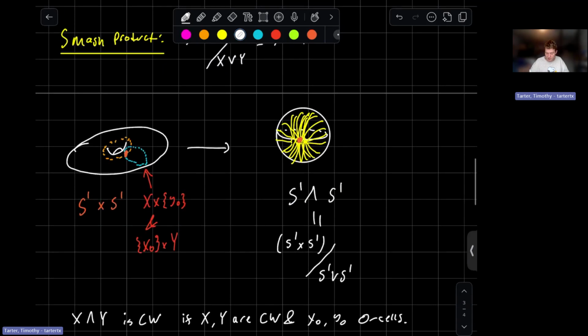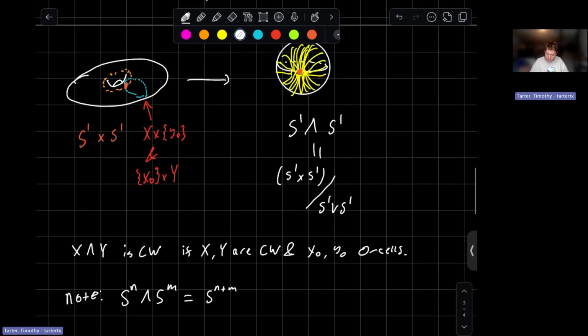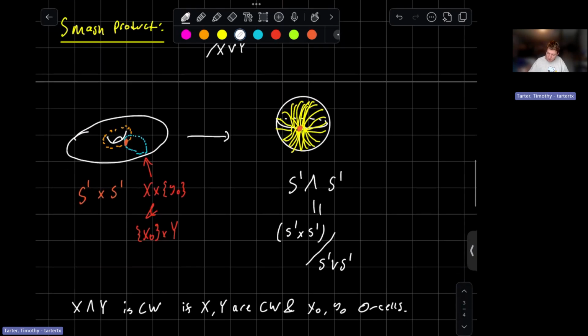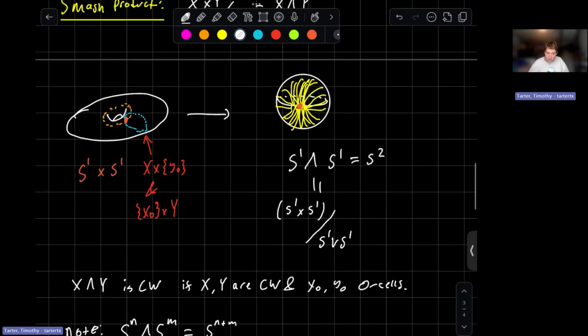And that is this example up here. And that's how we get this. Right, so this is S2. They don't put that in Wikipedia.